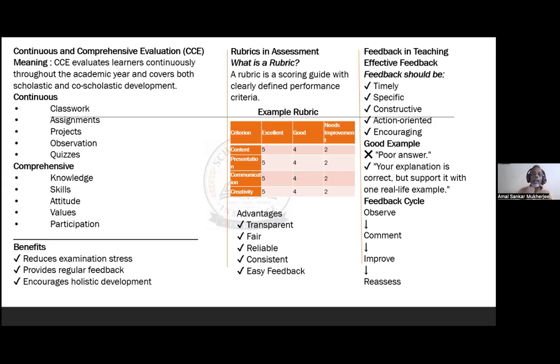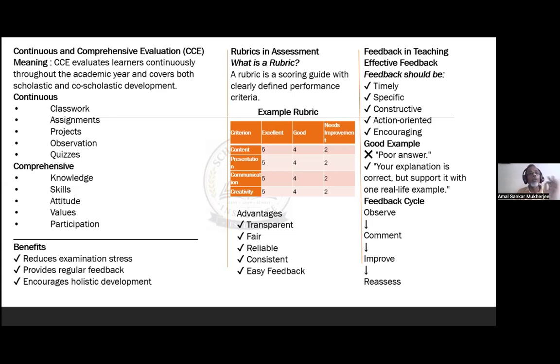So each and everything is studied: their academic performance as well as their co-scholastic performance. Somebody may have good performance in drawing, good performance in speech, somebody can be a good orator also. So the scholastic as well as co-scholastic development can be studied through the CCE, continuous and comprehensive evaluation.